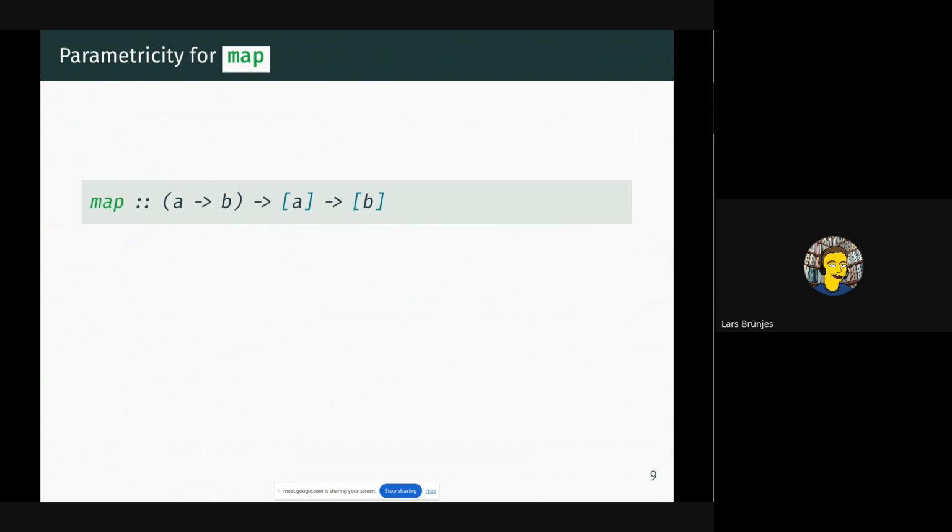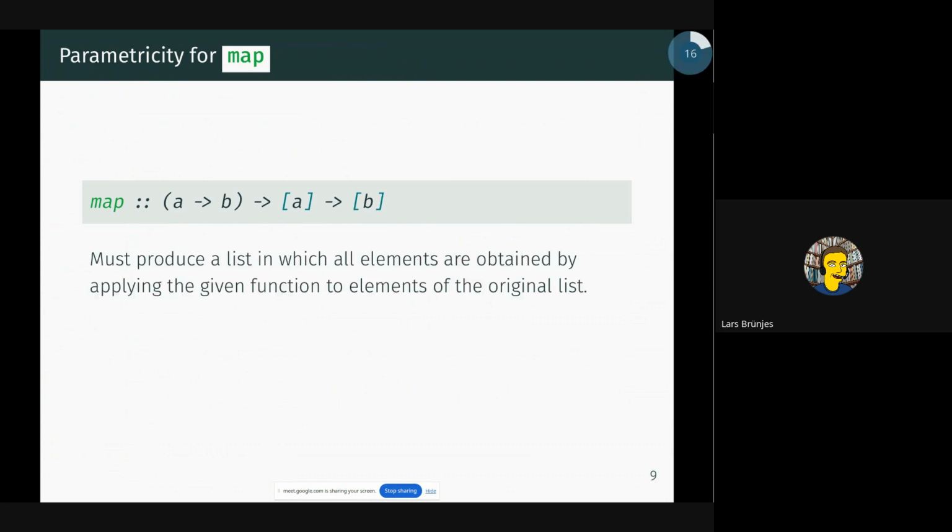We know how it's implemented, but by just looking at the signature, if you want to implement this function and you don't know anything about types A and B, you have a function from A to B and a list of A's, and you are supposed to produce a list of B's.